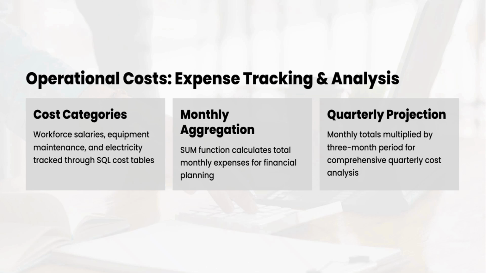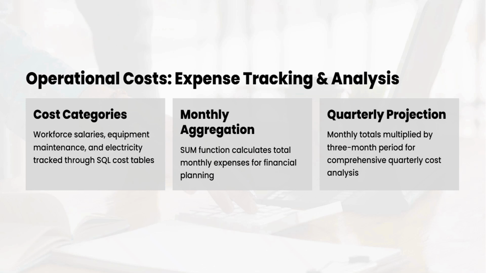Next, we used aggregate functions like sum to calculate these expenses on a monthly basis. This helped us understand how much the company is spending regularly and identify patterns in operational costs.